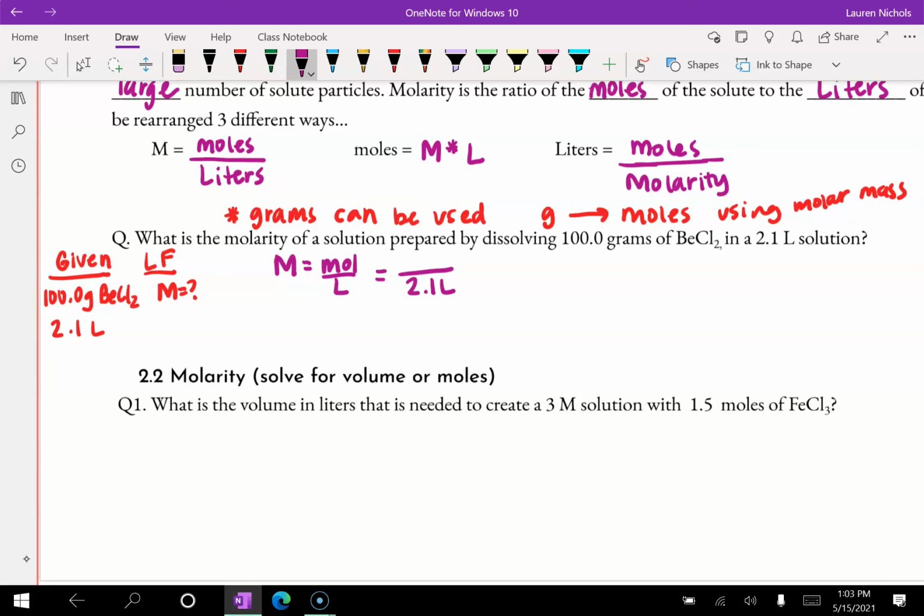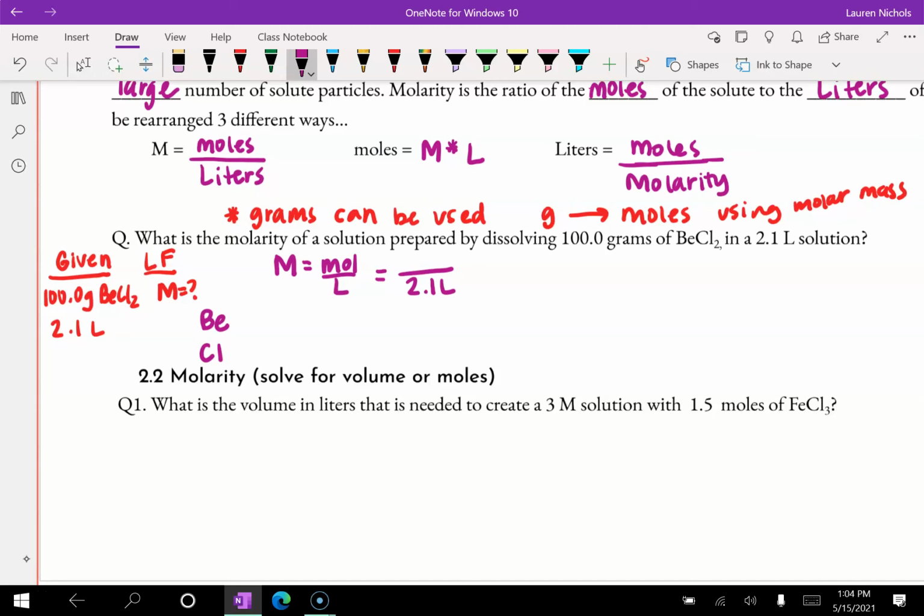And that's why it's really important to write down your units, because if your units don't match what your formula is, you know that you need to make a change. So before we can do that, we need to calculate the molar mass of beryllium chloride. And so we know that we want to split up our elements, and we want to use our periodic table to get the molar mass of each of them.